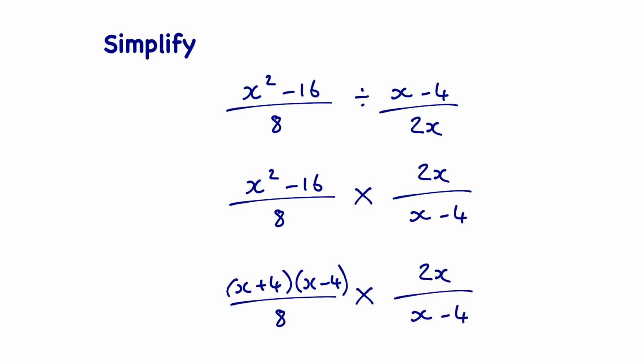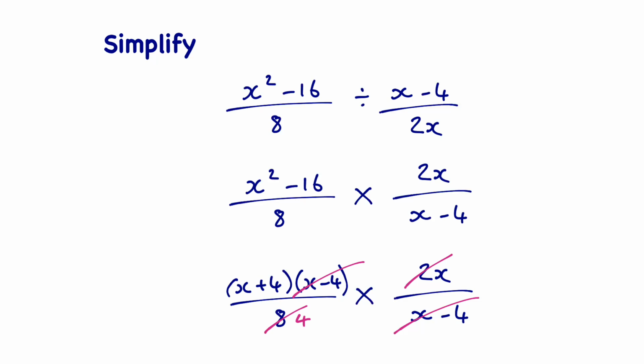And now I can see whether I can cancel any numerators with any denominators, and I can see I can here. So I've got x minus 4 and x minus 4, so I'll cancel them down. And I can just check, I can see an 8 here and a 2, so I can cancel those too. So that gives me 4, and I'm left with x.